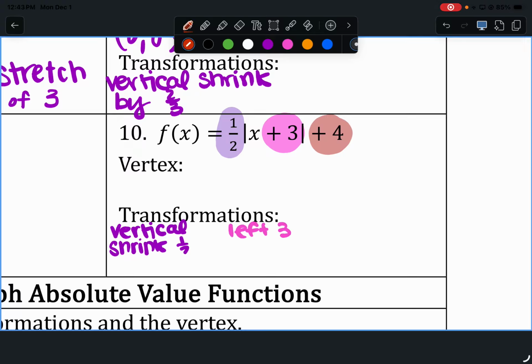And so what will that mean for our vertex? -3, 4. Okay, if it goes left or down, you have to make sure to put that negative in front.